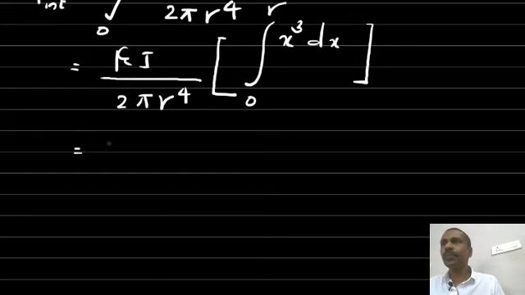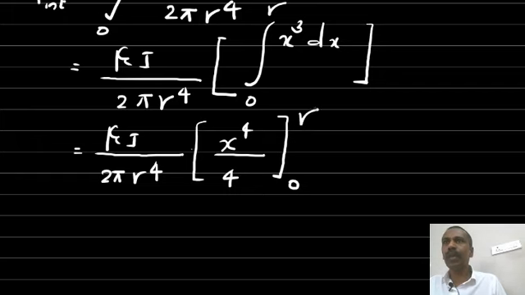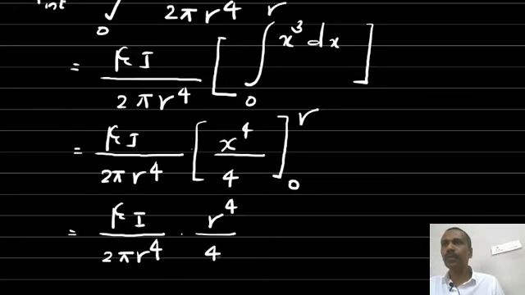So this is equal to mu I divided by 2 pi r raised to 4 into, what is the integral of x cube? It is x raised to 4 divided by 4. The limits are from 0 to r. So this is equal to mu I divided by 2 pi r raised to 4 into r raised to 4 by 4.